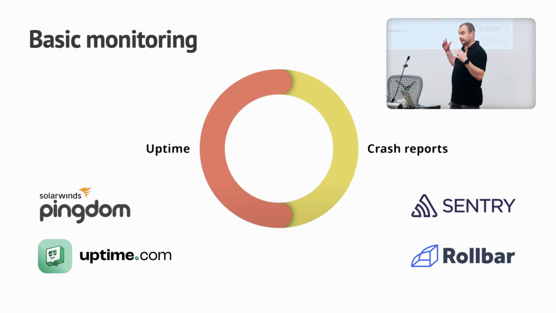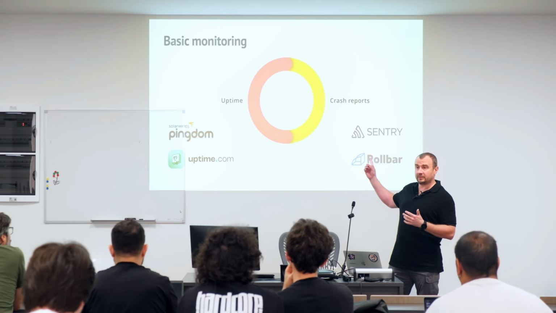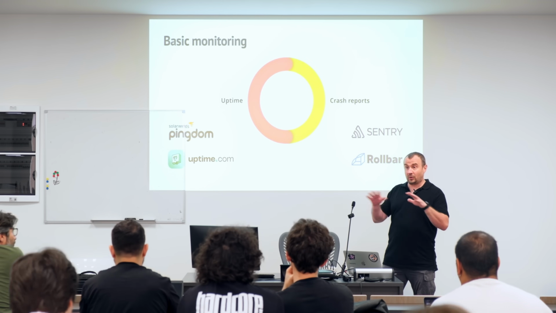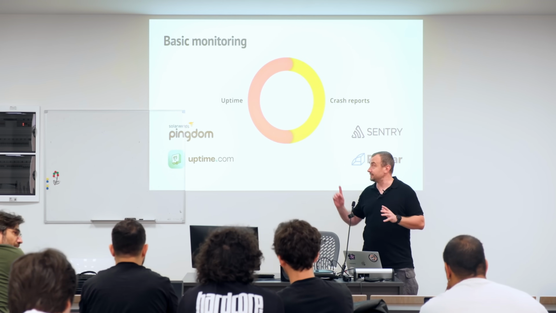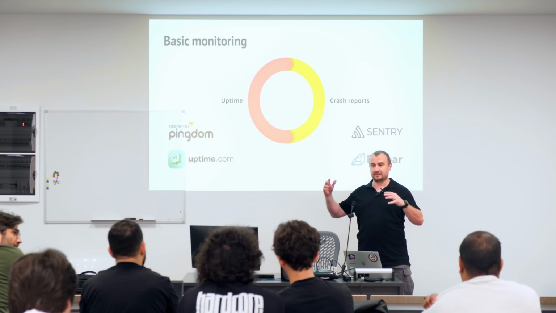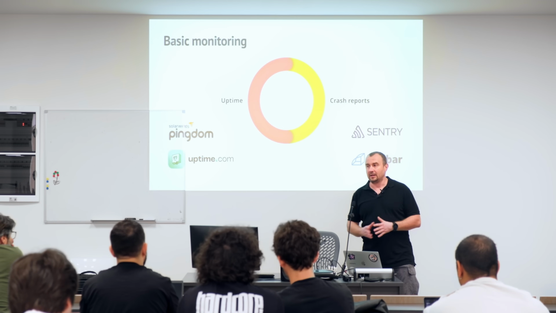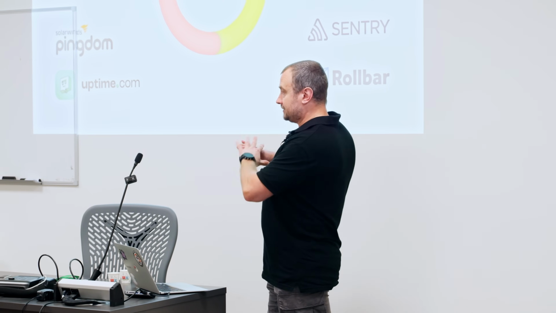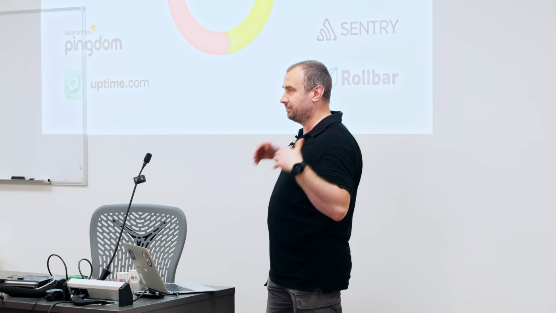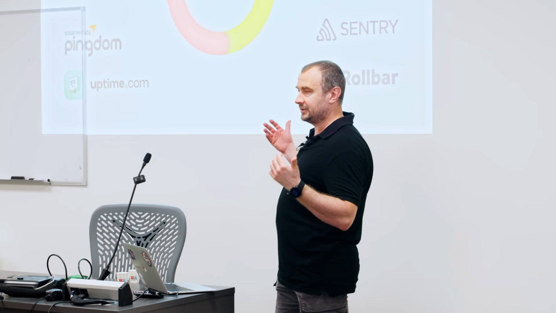If the application instance is up and running, but there is some kind of a problem, we will get a crash report. And if it's not running at all, there will be no crash reports, but uptime monitoring will tell us, like, hey, your website is down. So these are prerequisites, what I'd like to have before working on zero downtime deployment.